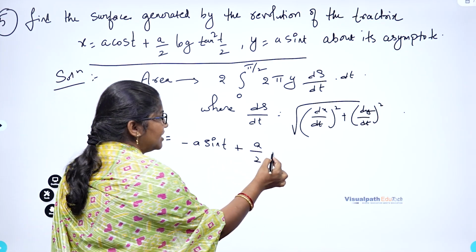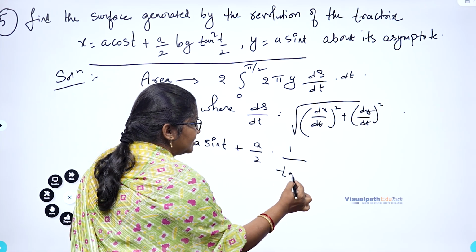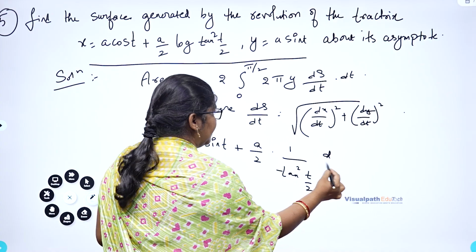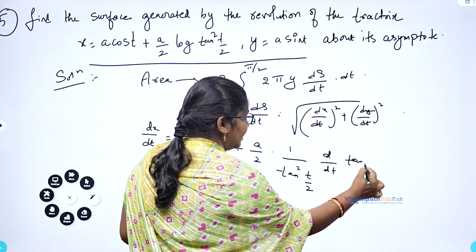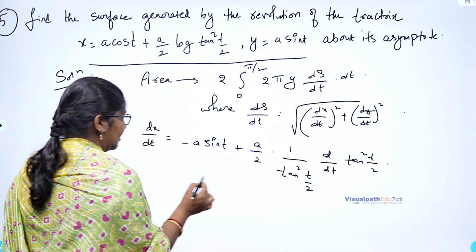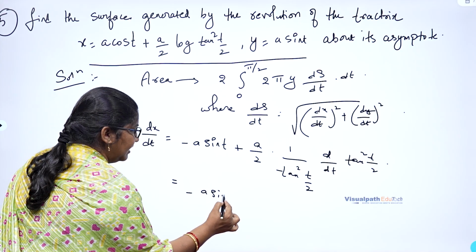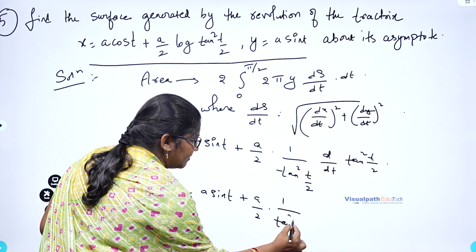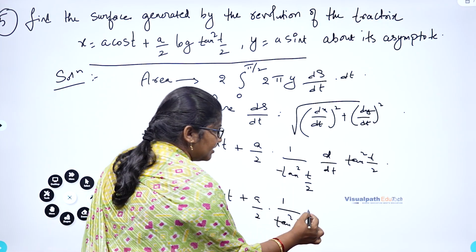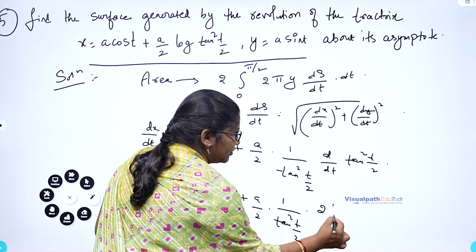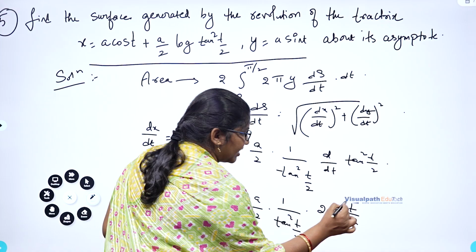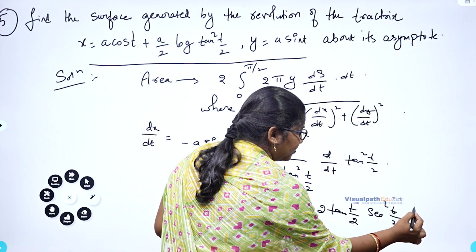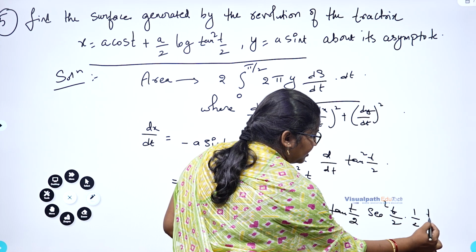The differentiation of log x is 1 by x, so we get 1 by tan² (t/2) into d/dt of (t/2), minus a sin t plus a by 2, 1 by tan² (t/2). The differentiation of tan is sec²(t/2) into 1 by 2 dt.